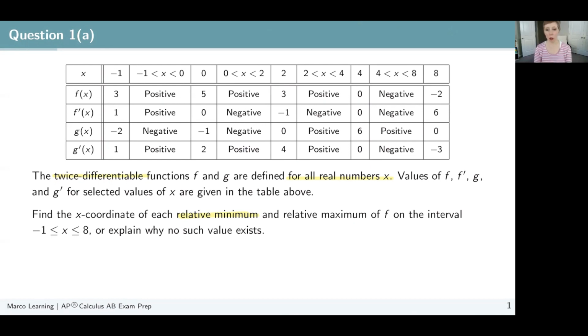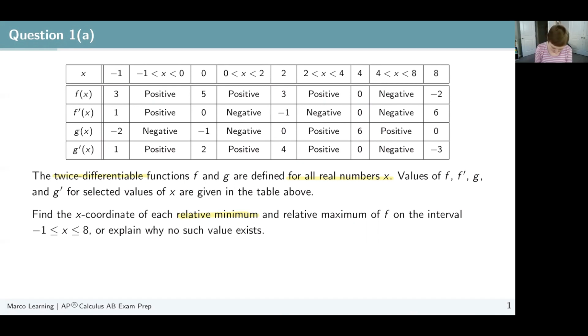We have so many functions, even just on the screen right now. We need to be really clear when we refer to a function which one we're referring to. So let me say that f has a relative minimum when f prime equals 0 and is changing from negative to positive. We know that's what we're looking for at a relative minimum.